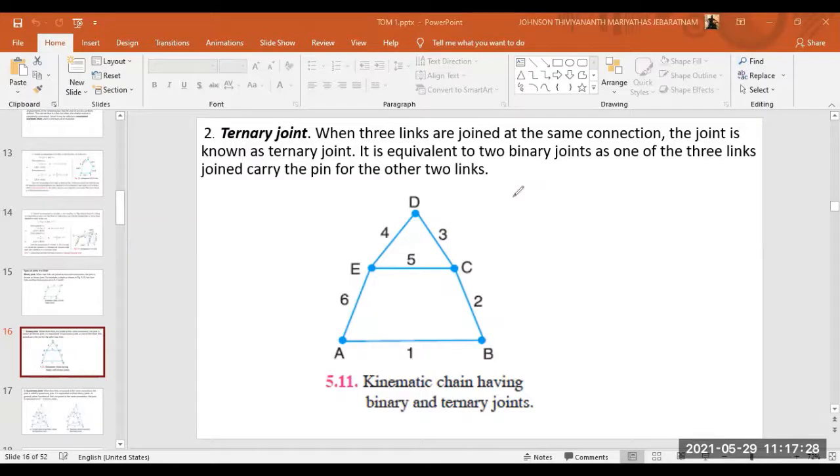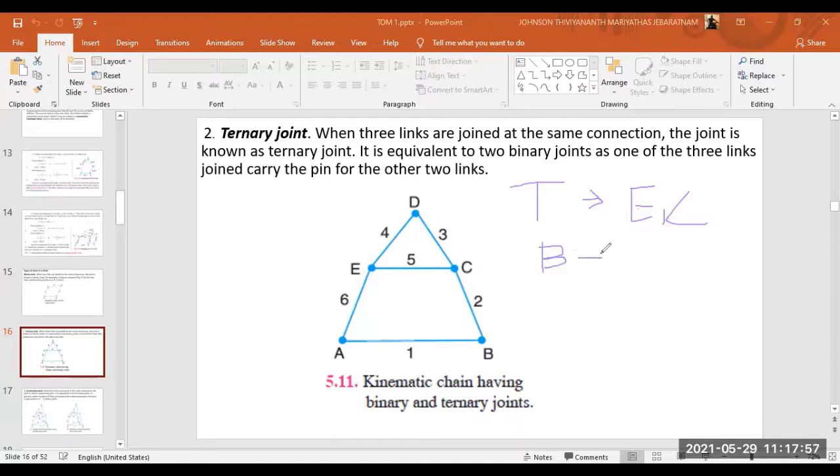Right? So ternary joints are E and C, while binary joints mean two members should be connected.